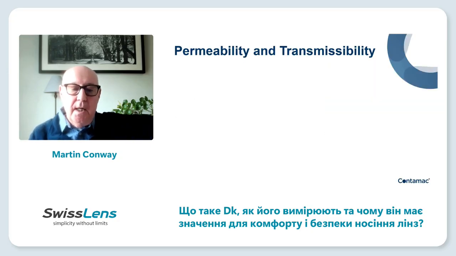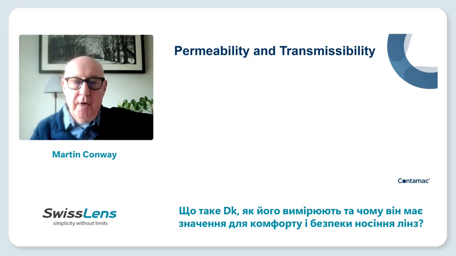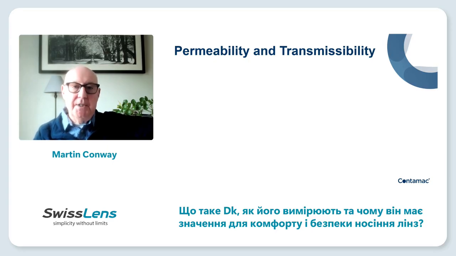Before we start, I think we should first of all differentiate between the words permeability and transmissibility. Permeability is a property of the material itself. It's measured in units of Dk, and it doesn't really reflect how much oxygen is going to flow through a given lens, because the thicker the lens is going to be, the less oxygen is going to pass through it.